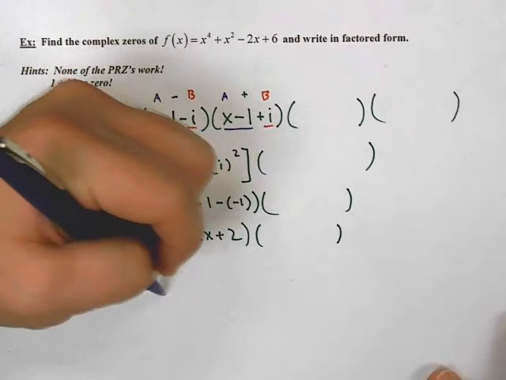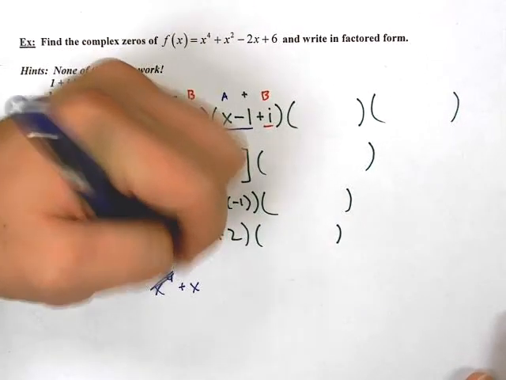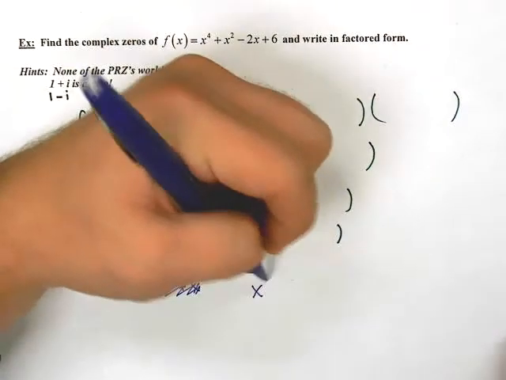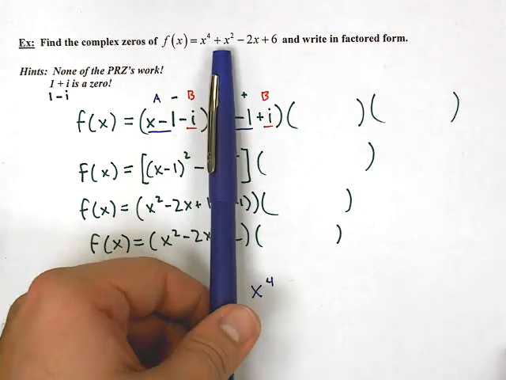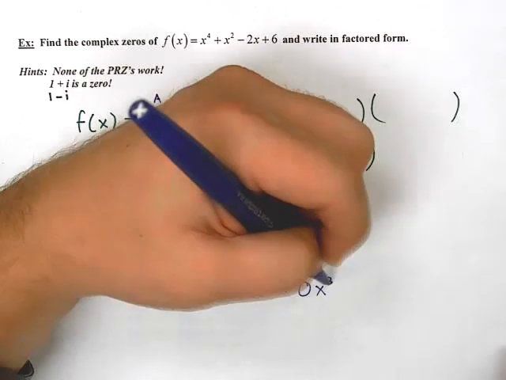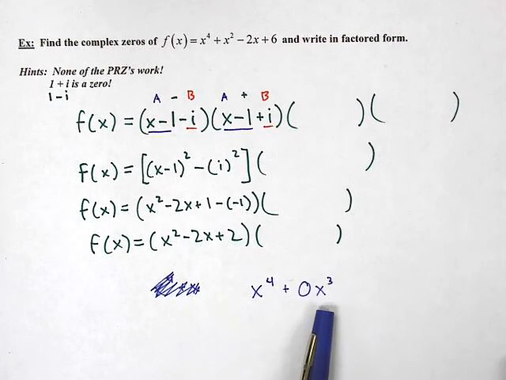x to the 4th plus x. Ooh, shoot, I'm making a mistake. Guys, you've got to use placeholders in this. Because there is no x cubed, I'm going to put plus 0x cubed. At the end of the day, it would have worked without it, but it's so much easier to understand what lines up with what when you put in your placeholders. So make sure you do that.